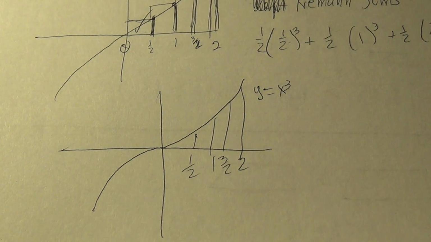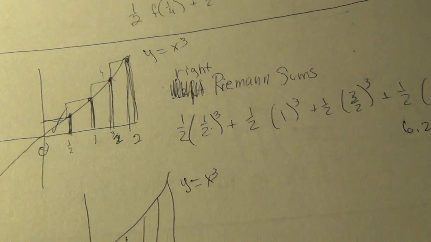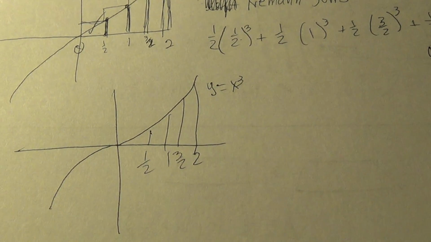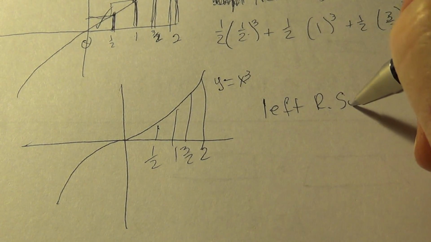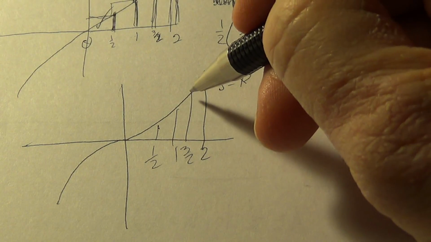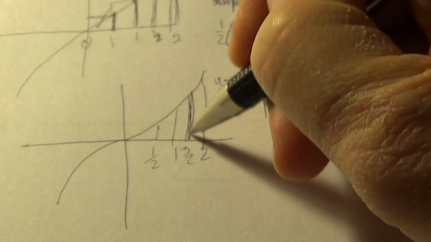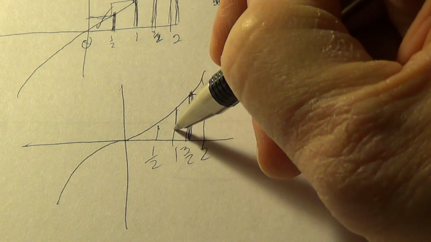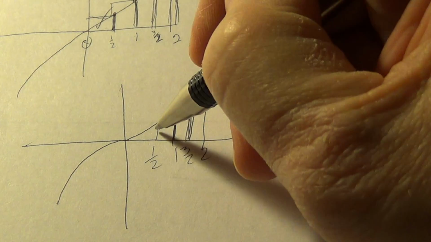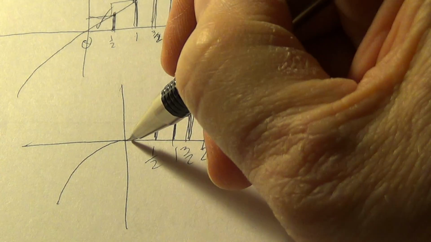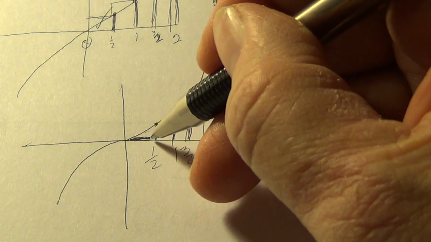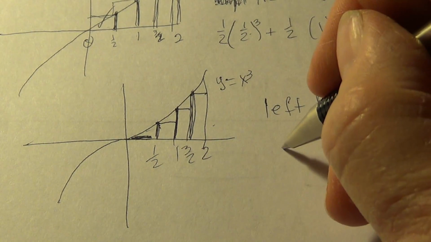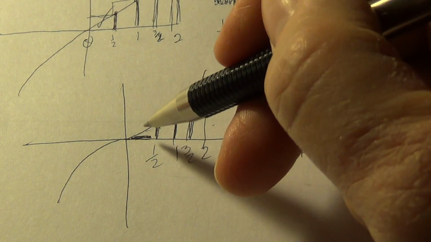This time we're doing left Riemann sums. We're going to look at the left side of each subinterval and create the boxes from there. Notice these in this case are the same as lower. Going across, we get no height from this one, so no area. So a 0 for that box.